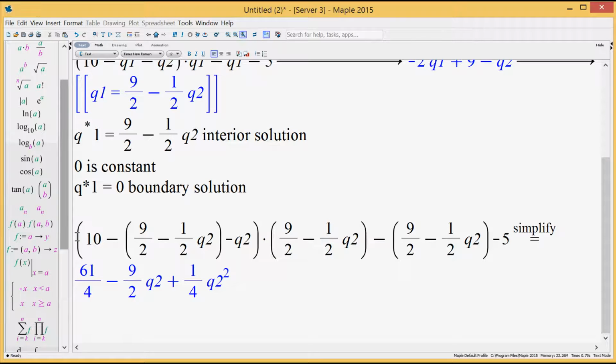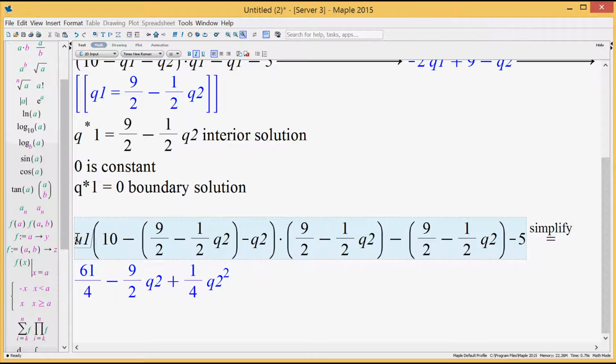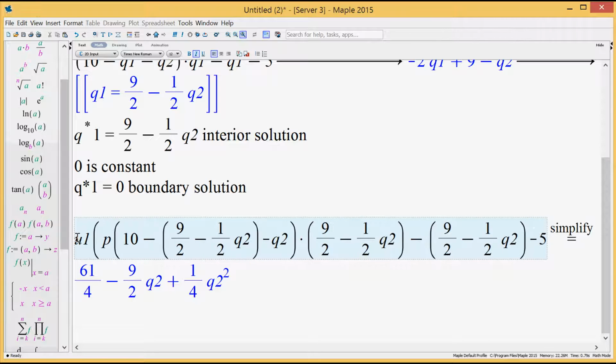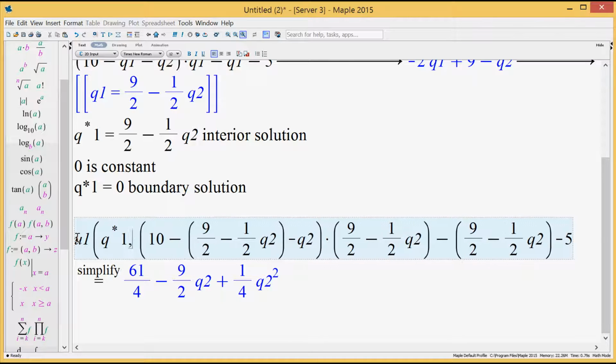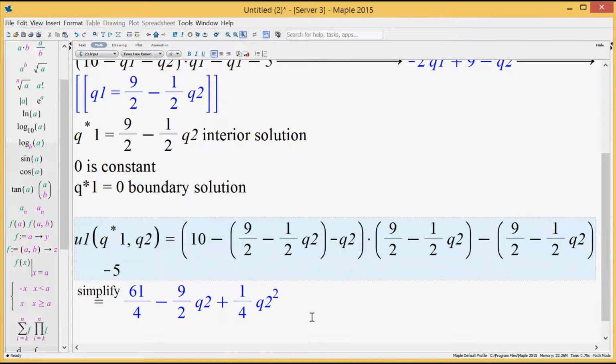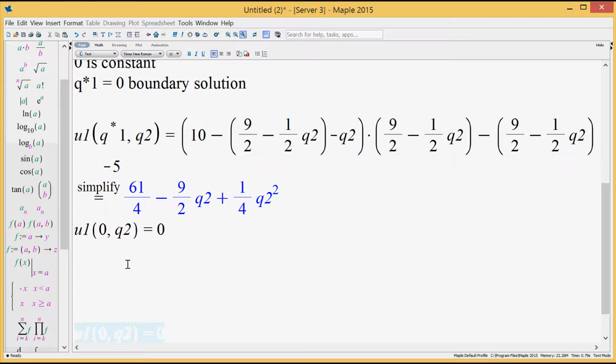So this is the utility of firm 1 at Q1 star interior and Q2 equal to this, simplified to that. And the second one is U1 at 0 and Q2, which is obviously 0. Then we need to make a statement.